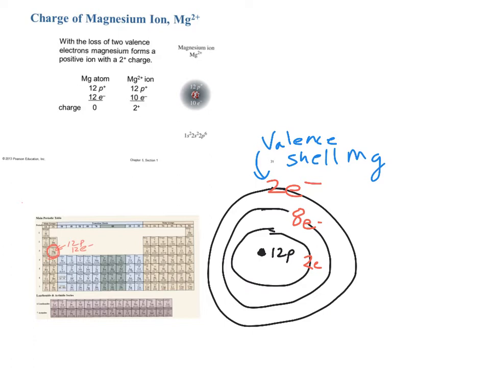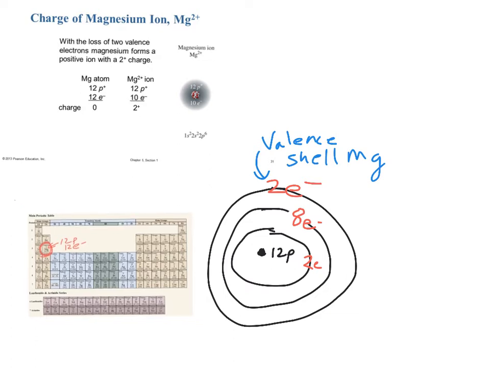Now remember, its goal is to get a stable octet. So just like Kirk changing the rules for the Kobayashi Maru, magnesium's going to change the test as well. It's still going to get 8 electrons, but it's going to do so by redefining what its valence shell is.